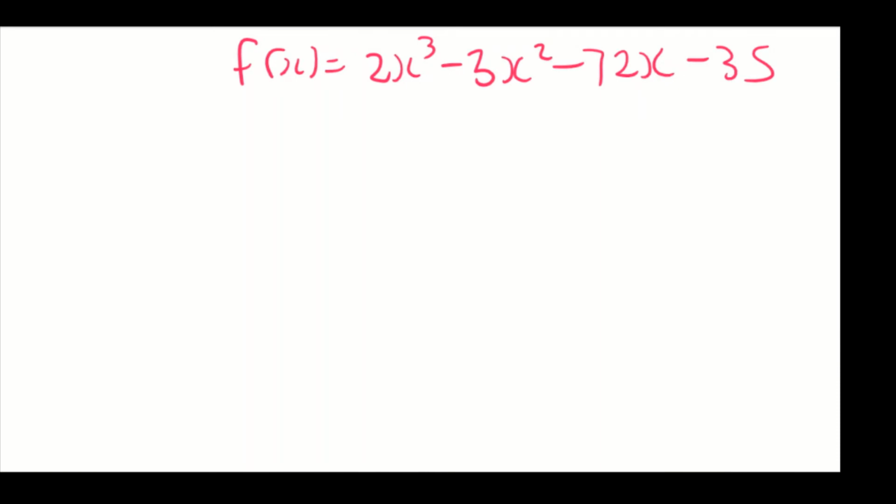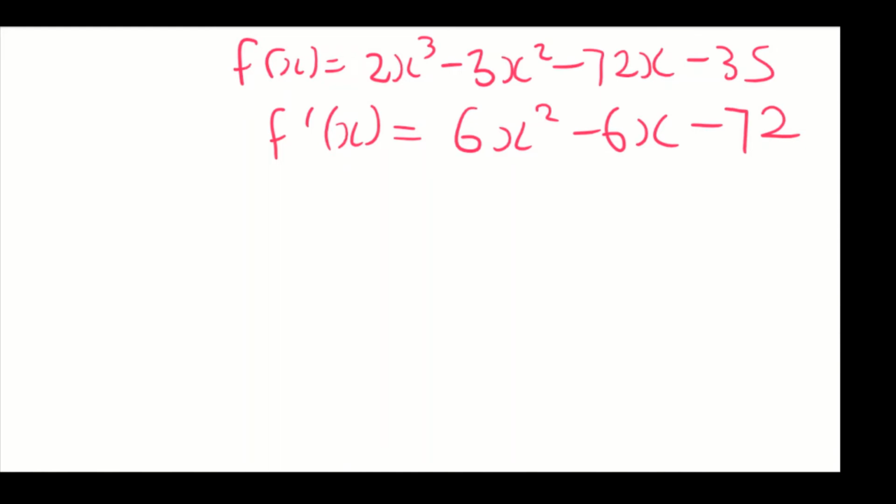So we have f of x equals 2x cubed minus 3x squared minus 72x minus 35, and we found the first derivative from the previous question to be 6x squared minus 6x minus 72. The point of inflection comes from the second derivative, which equals 12x minus 6.